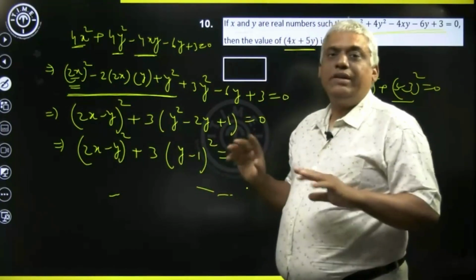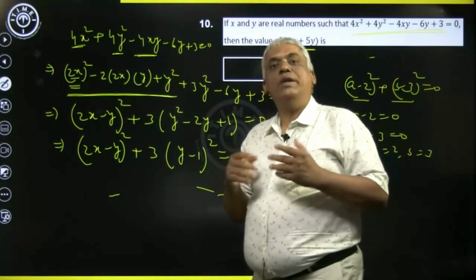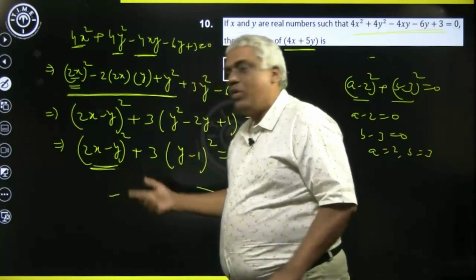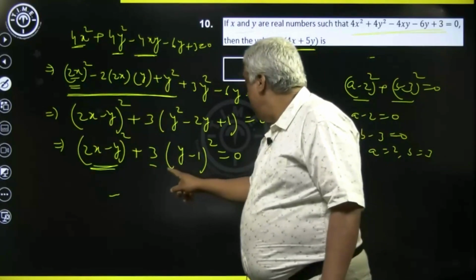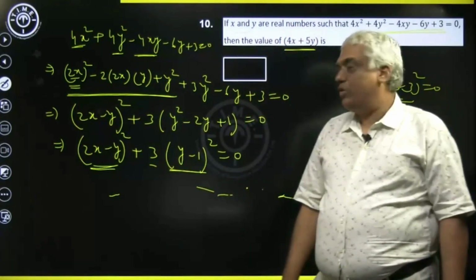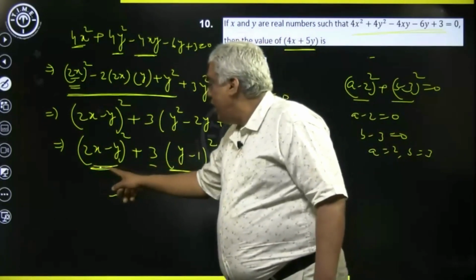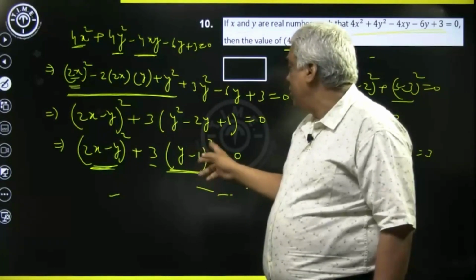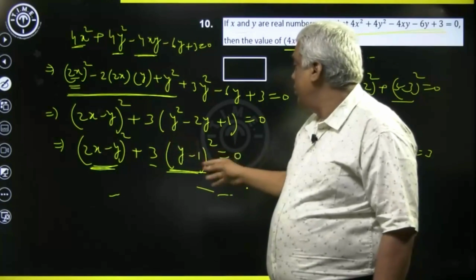A real number square can be 0, it cannot be negative. So this square is either 0 or positive, and 3 times something is also either 0 or positive. Both these squares being 0 is the only possibility. If one is 0 and one is positive, it won't be 0, and if both are positive, it won't be 0.